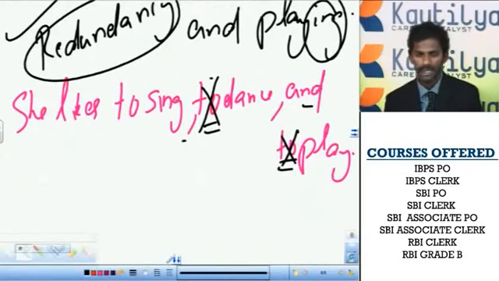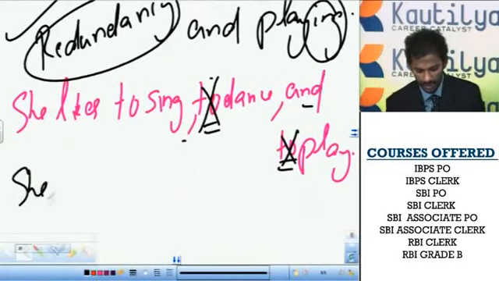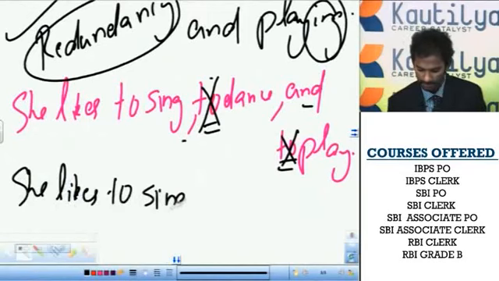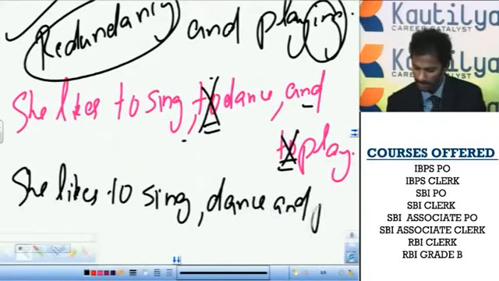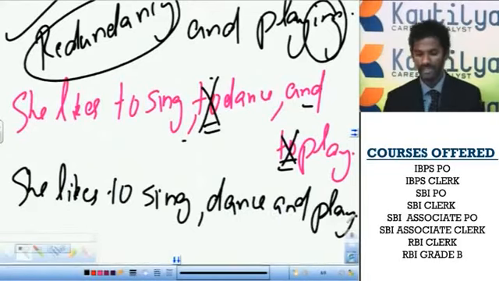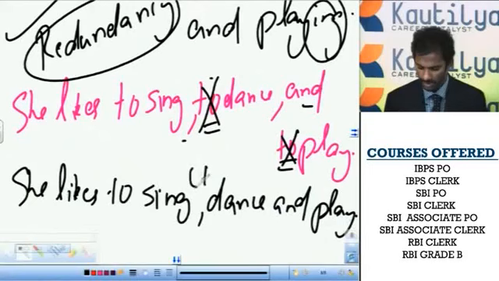Right? So sentence can be like this. She likes to sing, dance and play. She likes to sing, dance and play is same as she likes to sing, to dance and to play.